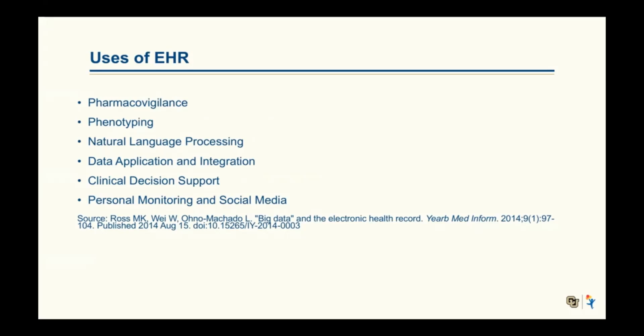Phenotyping is associating certain disease characteristics with genetic patterns. Phenotypes identified using EHR can be analyzed to determine their association with risk factors, treatment options, and outcomes. Natural language processing, or NLP, is a set of biomedical informatics techniques used to extract and structure information from text.